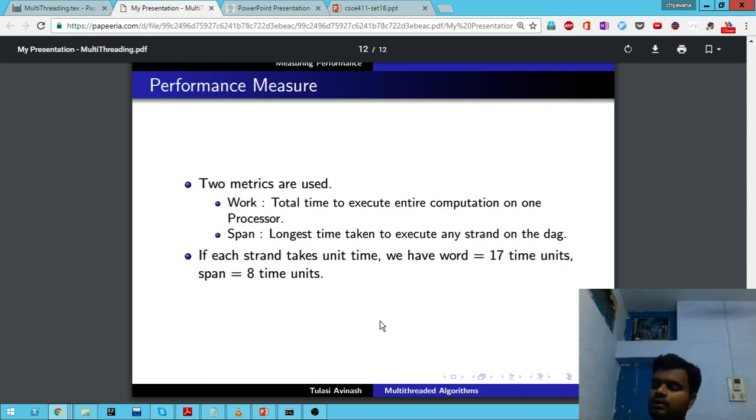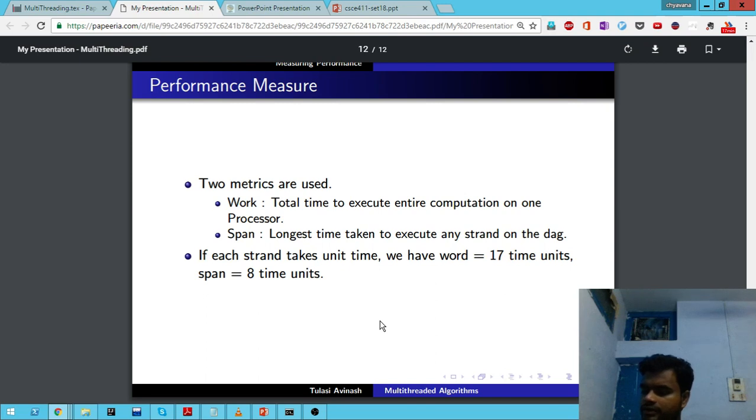Now let us assume that all of these processes work at exactly the same rate. Then we can see that the maximum wait one should do is the length of the longest path, which is 1, 2, 3, 4, 5, 6, 7, 8. Yeah, which is 8. This is how it follows.